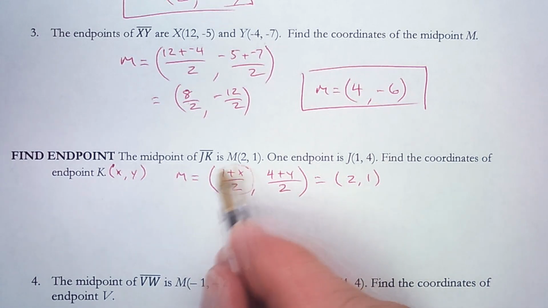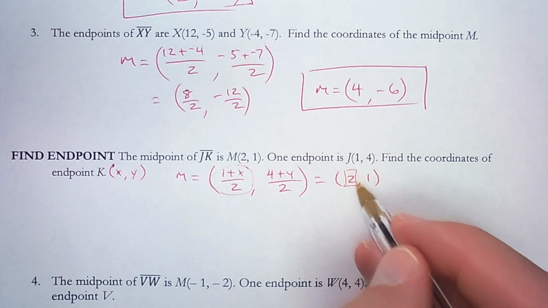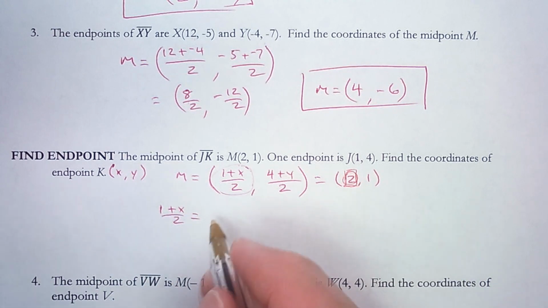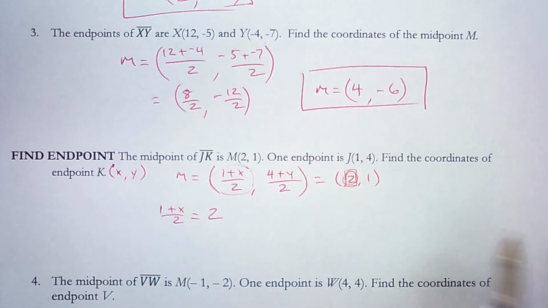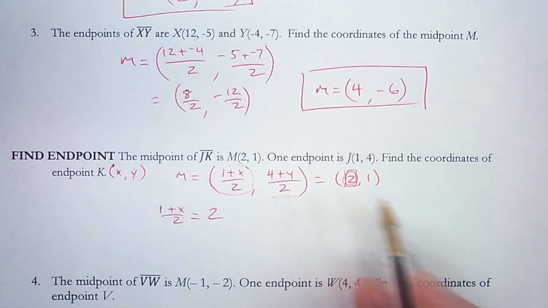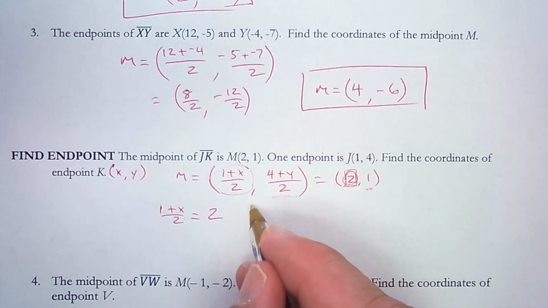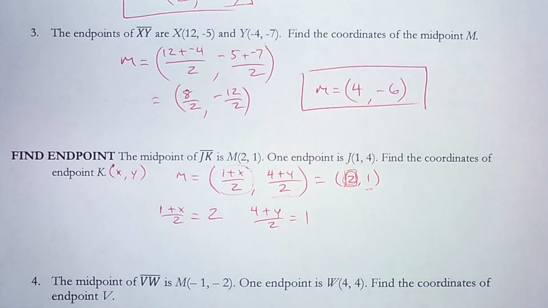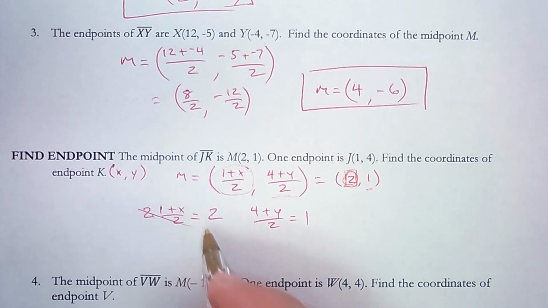So this right here gives me a value of 2. So I can write out an equation, 1 plus x over 2 equals 2. I also know that this gives me a y value of 1. 4 plus y over 2 equals 1. So I can multiply both sides by 2 to cancel that out. 1 plus x equals 4.